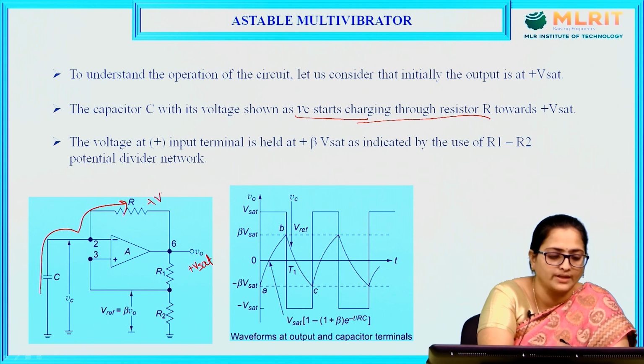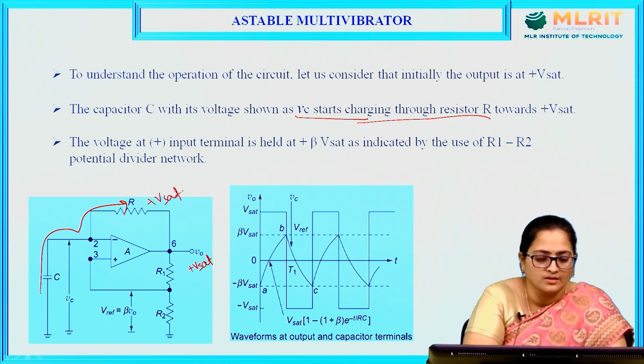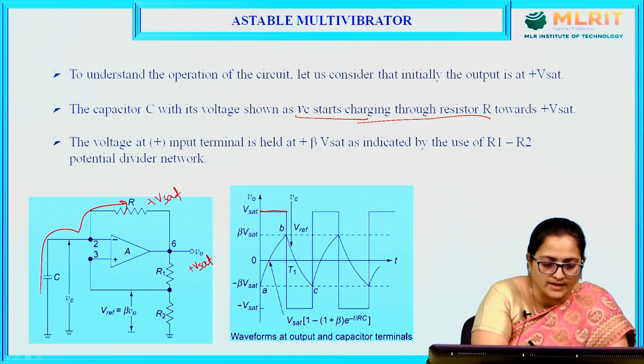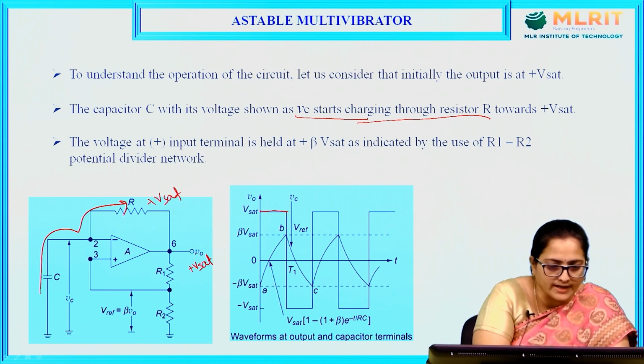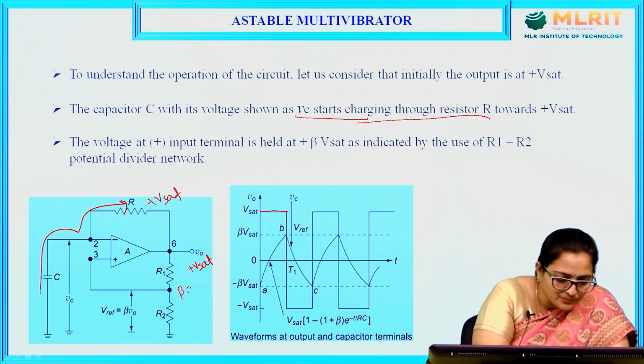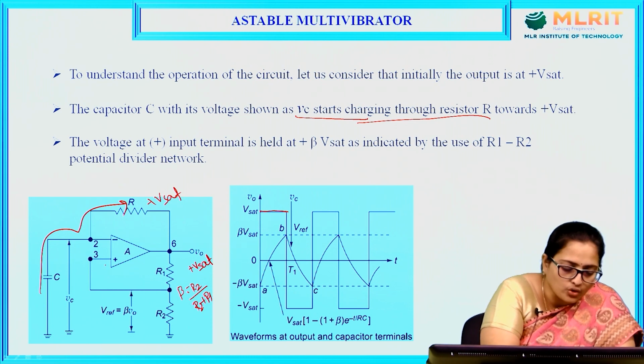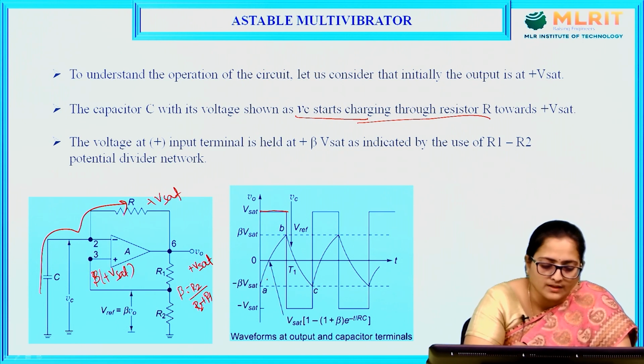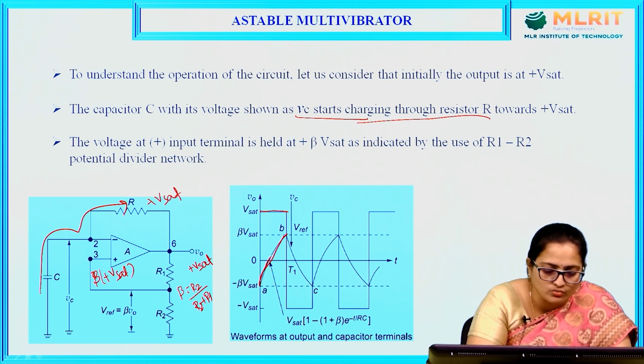The voltage at the positive terminal is held at beta times the output, where beta is R2 divided by R1 plus R2, so it is beta into plus Vsat. The capacitor starts charging towards plus beta Vsat.